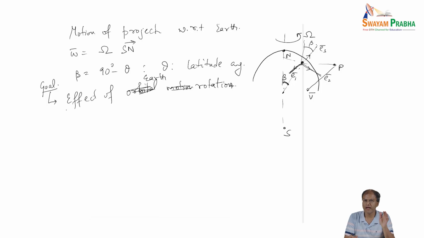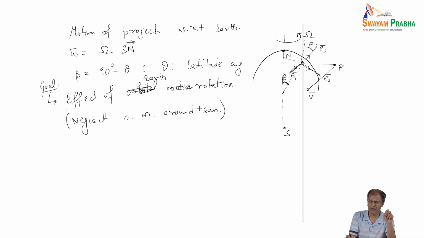This is the eventual goal. We also know that earth has two sets of motion. One is of course the rotation about its north-south axis, and also it is revolving around the sun in the solar system. So that is the orbital motion, and its angular velocity is very small compared to its rotational angular frequency, right? So we are going to neglect the orbital motion around the sun because this is negligibly small compared with the rotation of the earth.